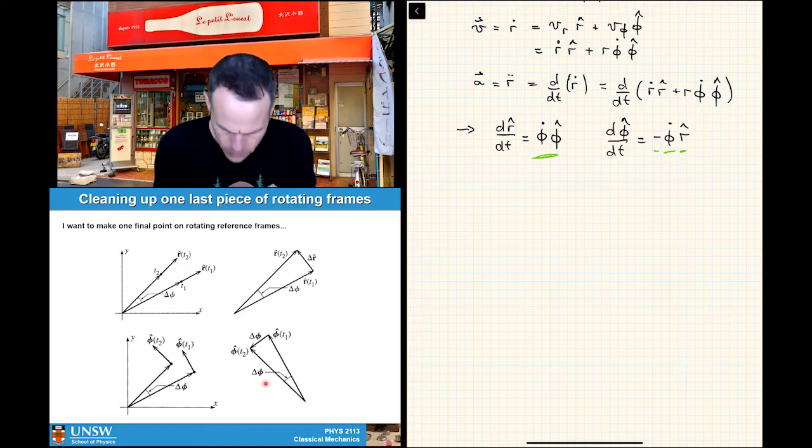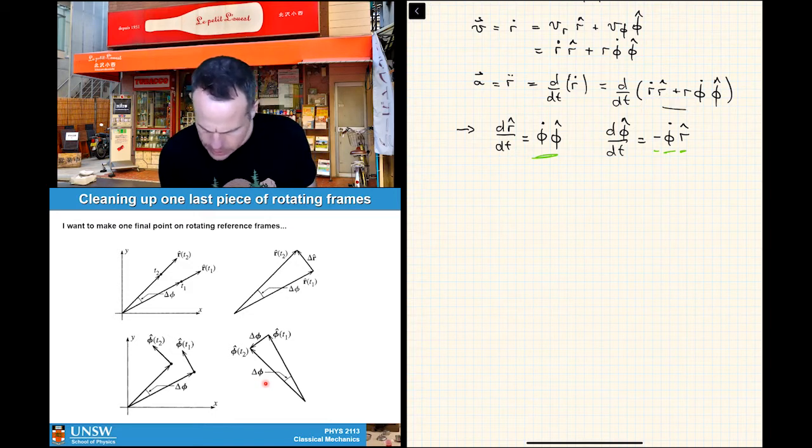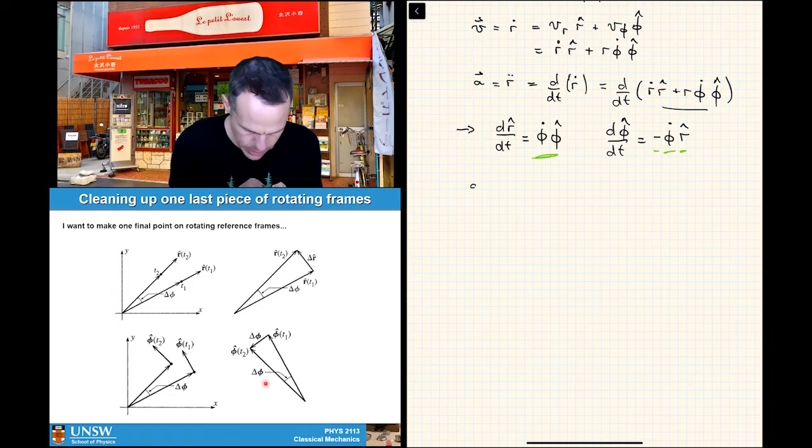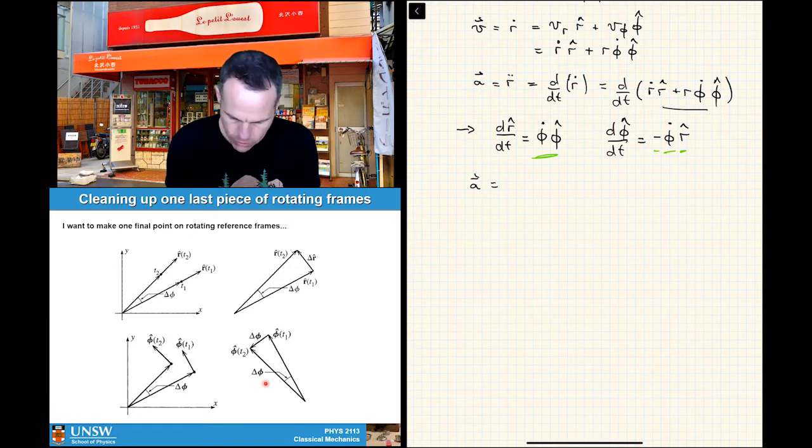So if we pop back up to this line here, what we need to do here is deal with this as a product rule differentiation, right? So our acceleration here is going to be, we take the derivative of the first term, so r double dot r hat, plus the derivative of the second term, so r dot dr hat on dt.